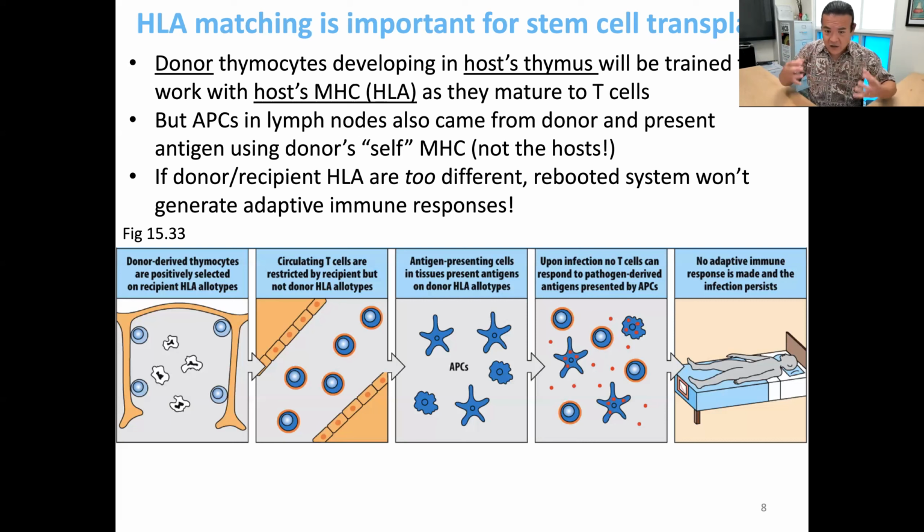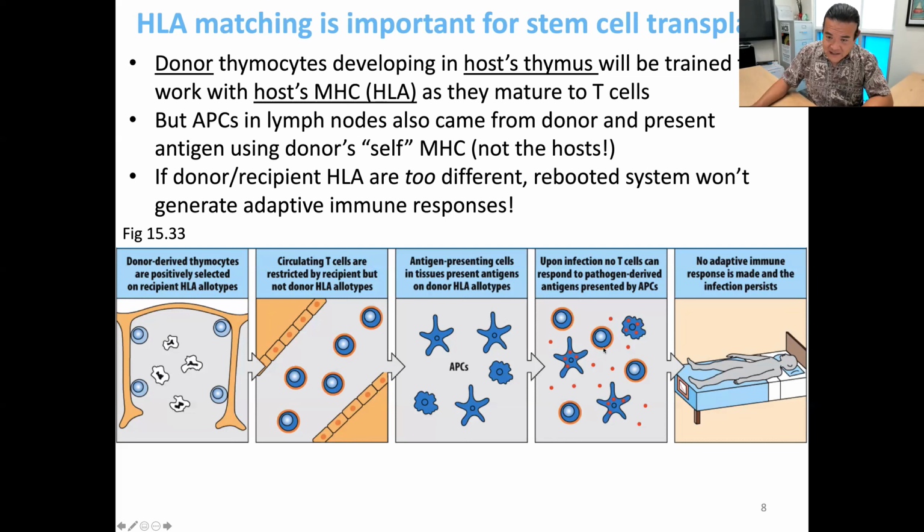So that means all of the professional antigen presenting cells that are replenishing the new immune system are using the donor's MHC, right? And that's not what these brand new T cells have been raised and selected for in order for them to work. So as a result, you might have a problem here where even though it seems like the immune system has successfully rebooted, you're making T cells, you have plenty of dendritic cells, other types of professional antigen presenting cells, they can't talk to each other.